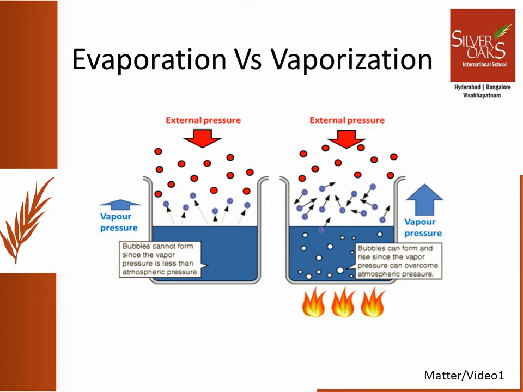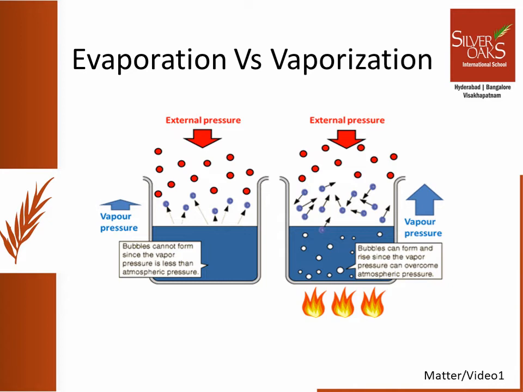Now let us discuss evaporation and vaporization. Both evaporation and vaporization are processes which involve change from the liquid state to the gaseous state. But evaporation is a surface phenomenon, whereas vaporization is a bulk phenomenon.